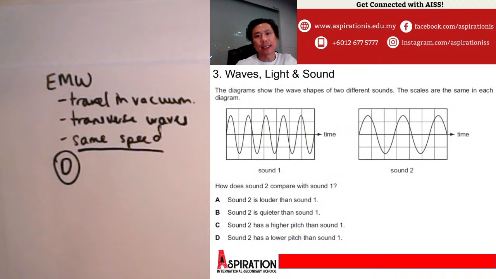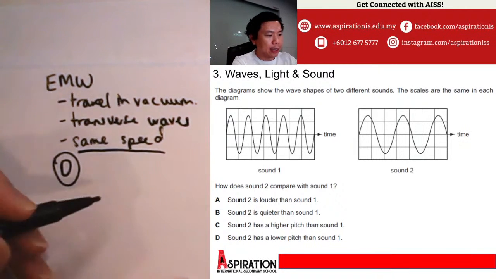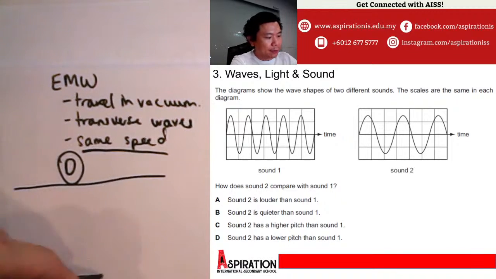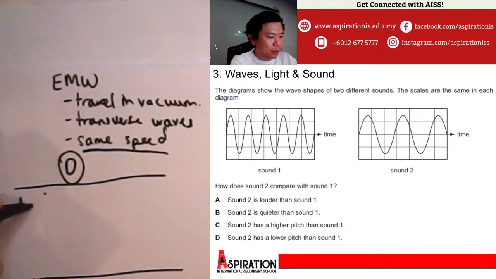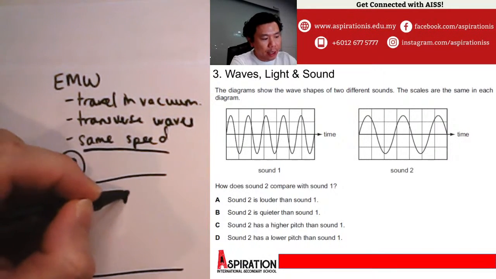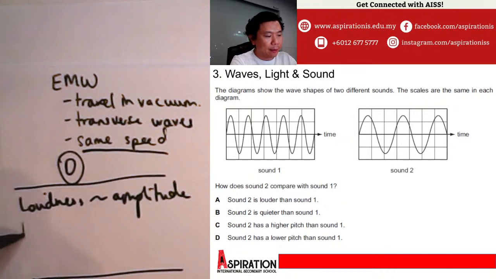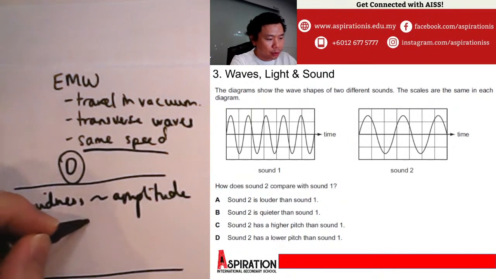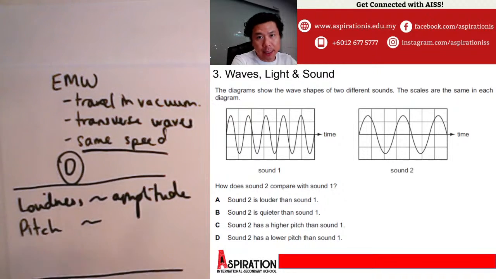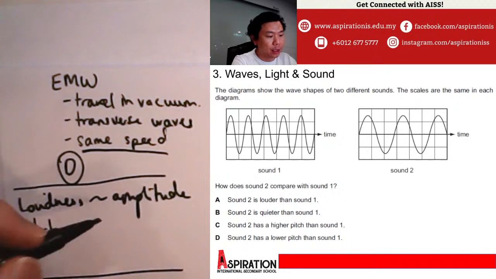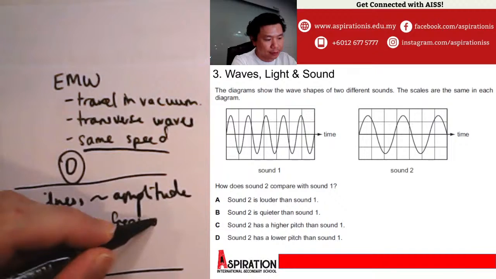So this one has to do with sound waves. I hope you know for sound waves, the loudness of the sound corresponds to the amplitude, and the pitch of the sound corresponds to the frequency.